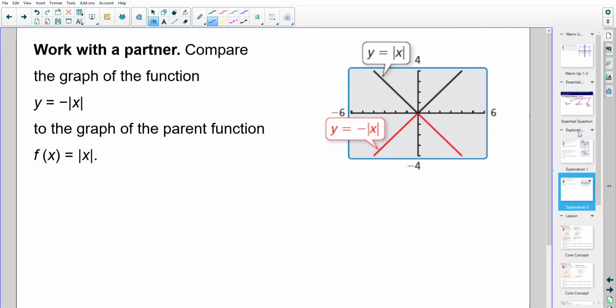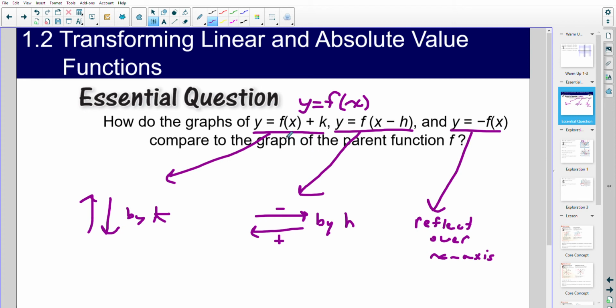So 3 different scenarios on transformations. One is where you're going to be adding a number to your f of x that goes up or down. You're going to be adding a positive or negative number to your x that's going to go left or right. And you're going to be multiplying by -1 times your f of x. That's going to be reflecting over the x-axis.